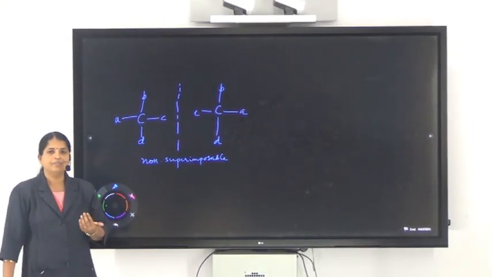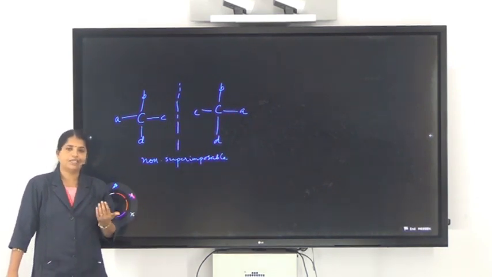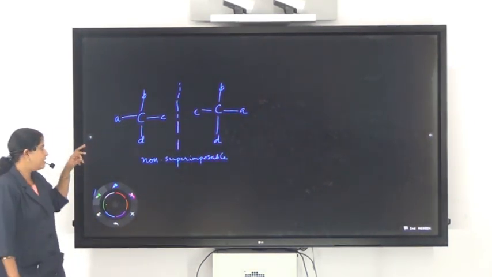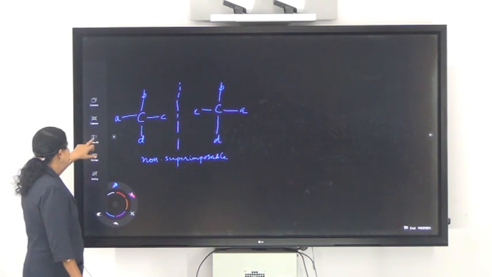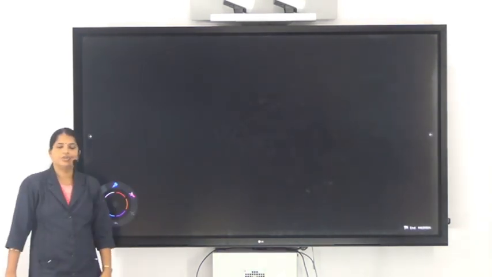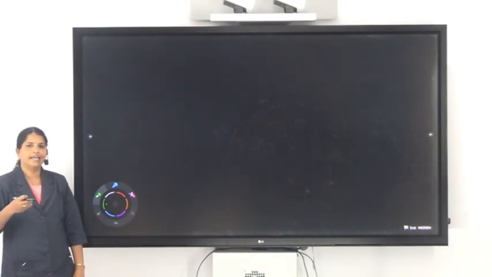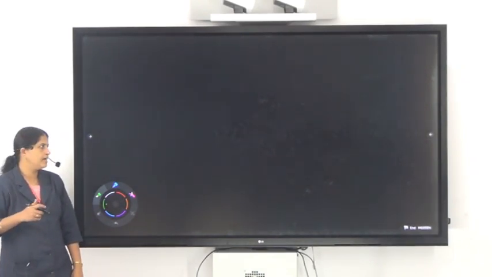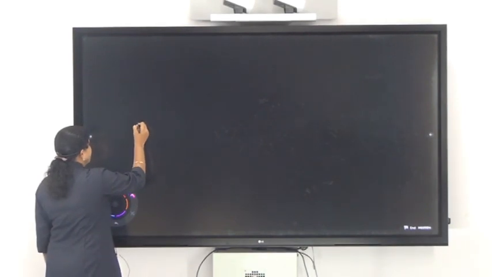Next we can see the number of optical isomers possible for different molecules. So take the case of a molecule which contains only one asymmetric carbon atom. For example, lactic acid, the simplest molecule.